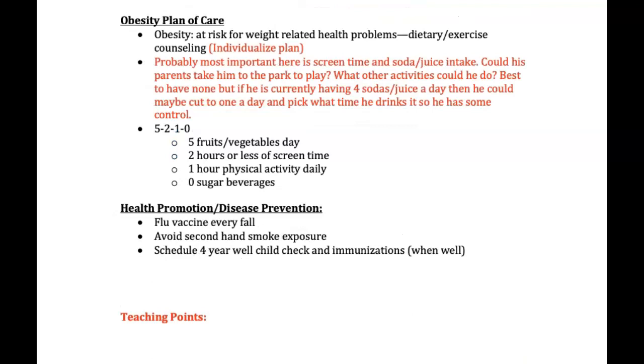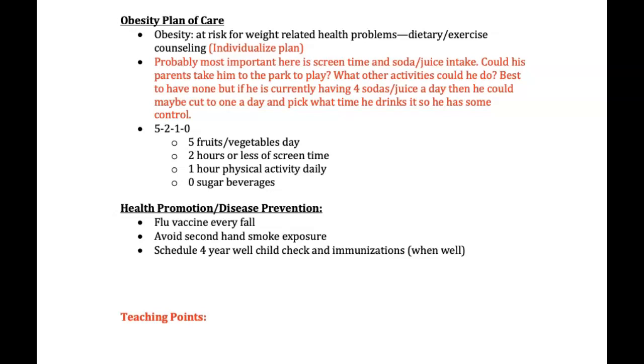Plan of care for this obesity. Remember, it's a very high risk factor for him. He's at risk for weight-related health problems, so he needs some dietary exercise counseling, and we want to individualize this as much as possible. So the biggest problems that I see here with this child is screen time, and that we're consuming a lot of soda and juice.